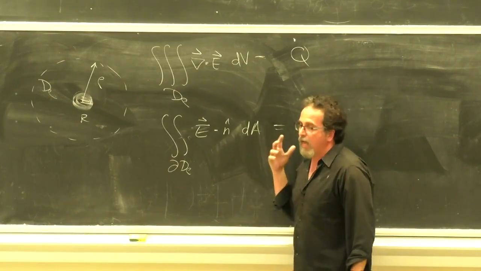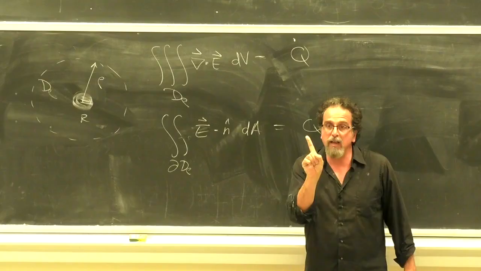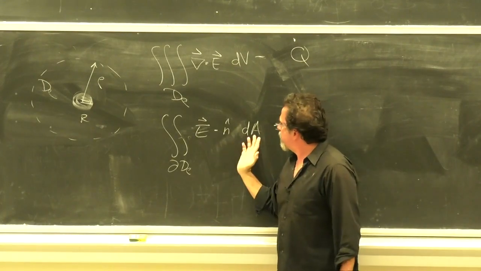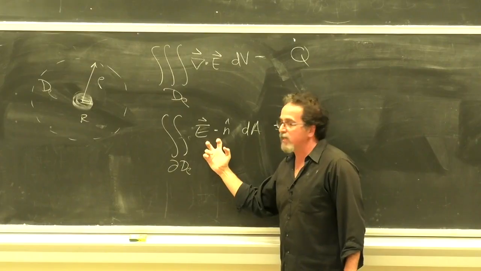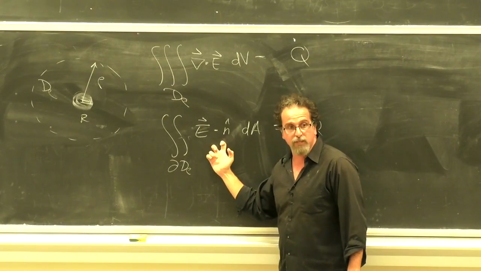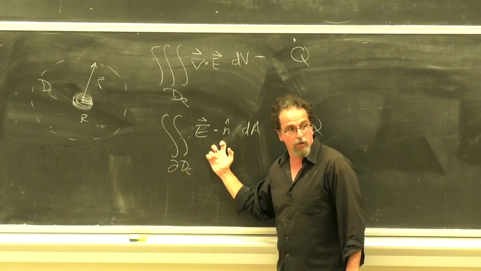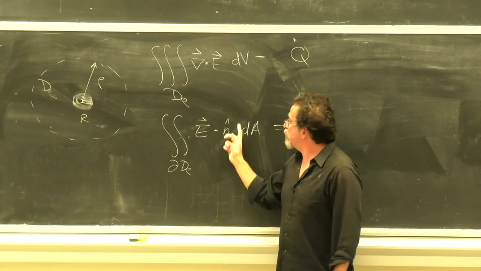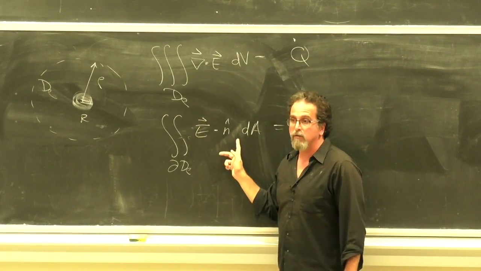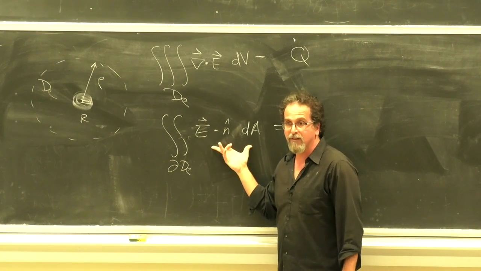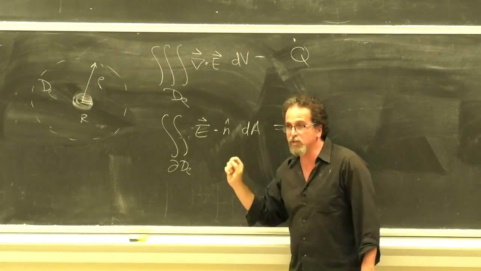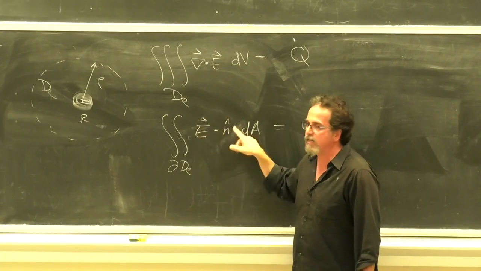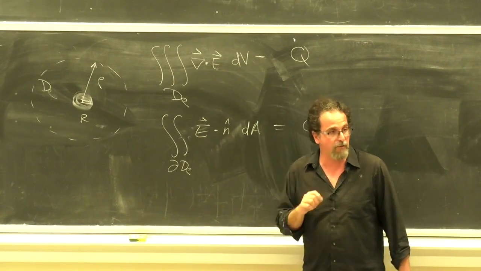Well, what is this? I said that this should not have any preferred direction. Right? But this is a sphere, so every point in this integration is at the same distance from the origin, and it's just in a different direction, a different location. So this should be independent of what you're integrating. This comes out. Directional independence means that E dot n hat doesn't depend on your coordinates on this spherical shell.